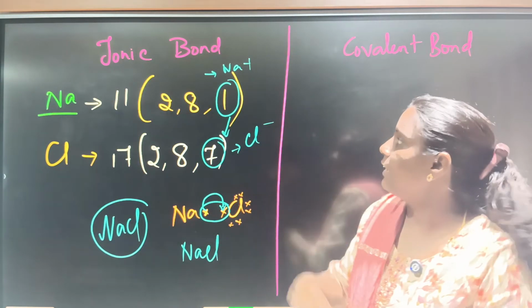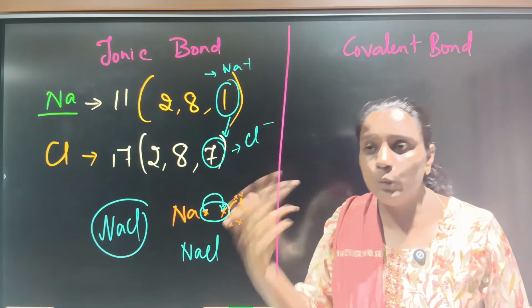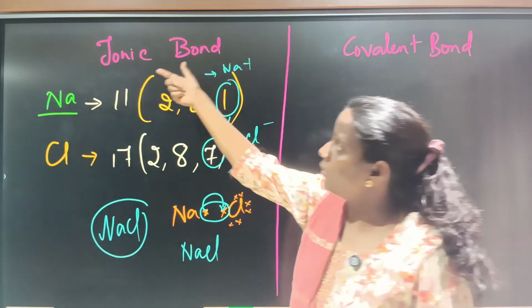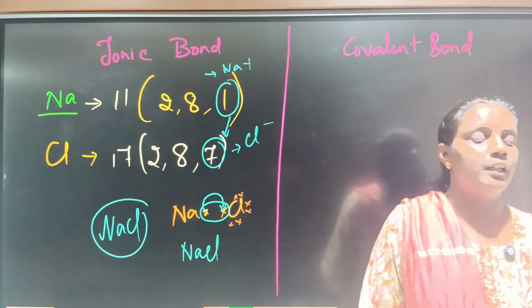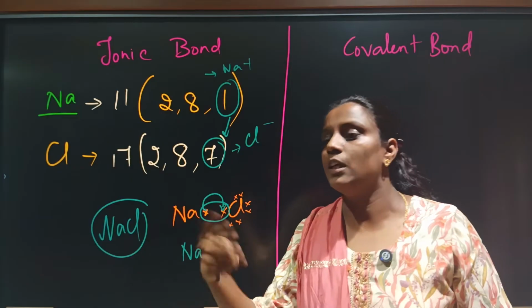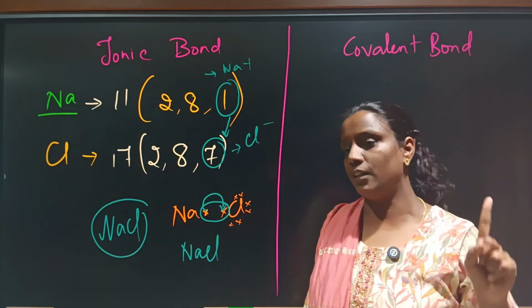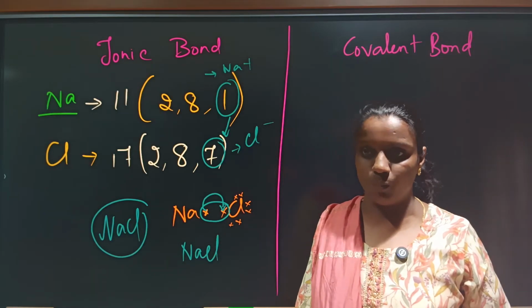It means that they are converting into ions. When they lose or gain, they become ions. Such bonds we call ionic bonds. Very important point, not only for your 10th board exam, for your further studies also.